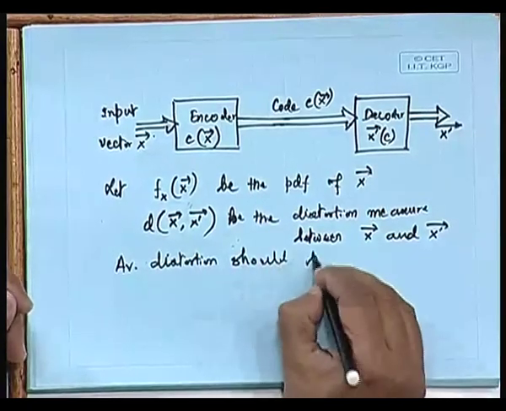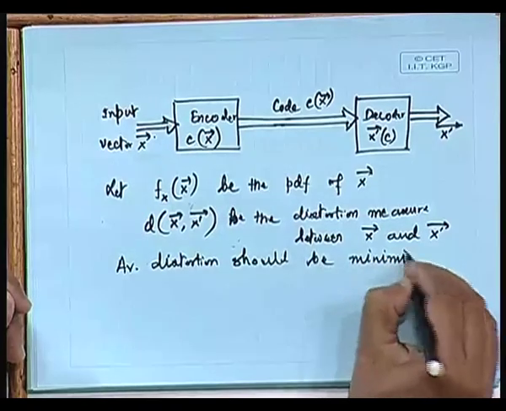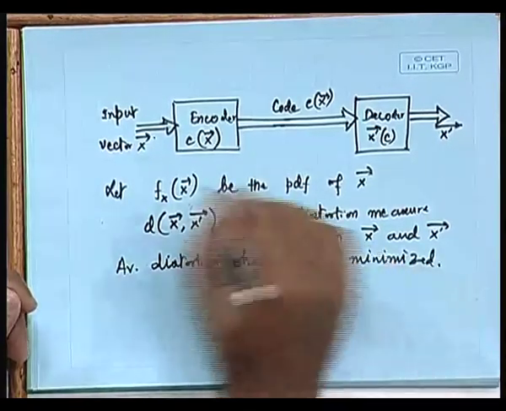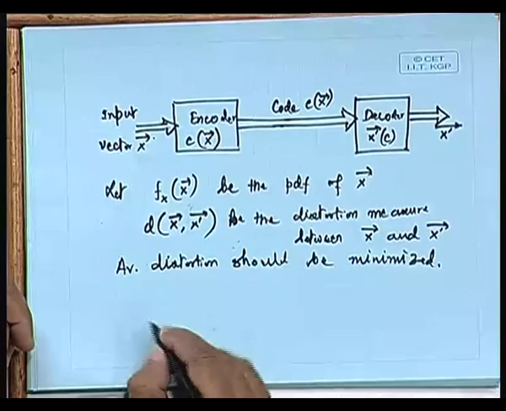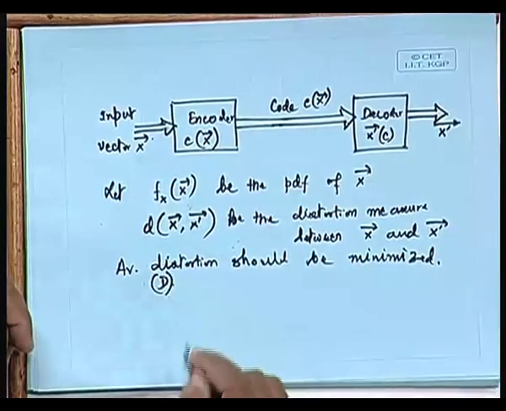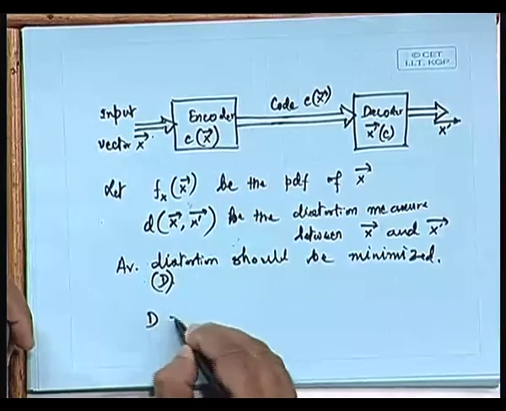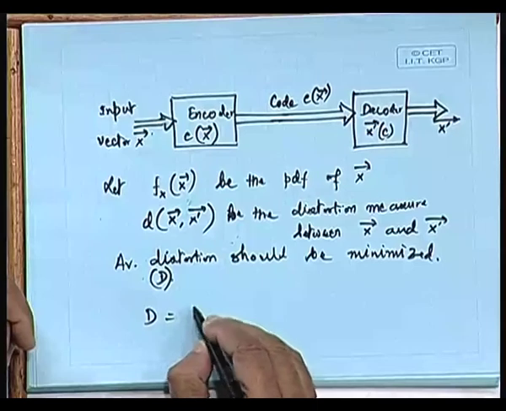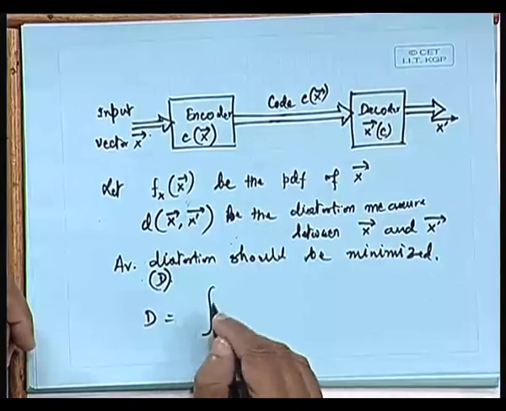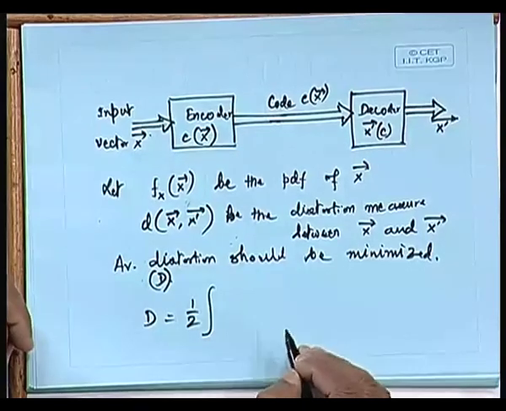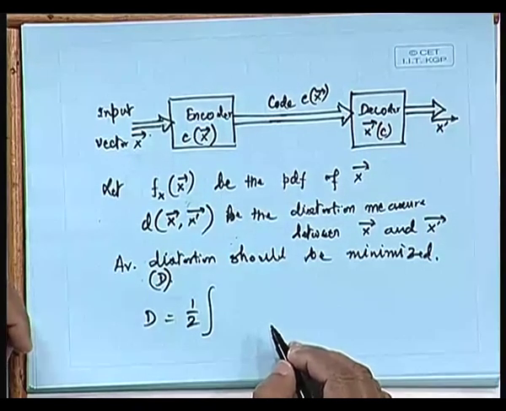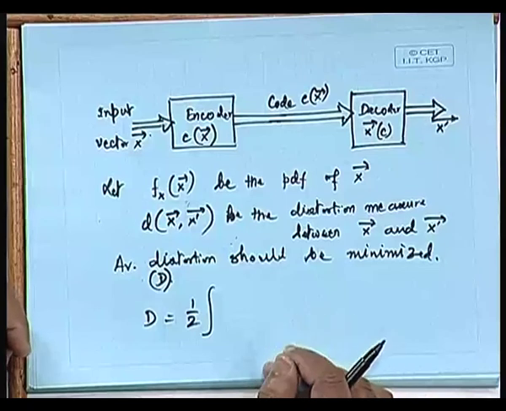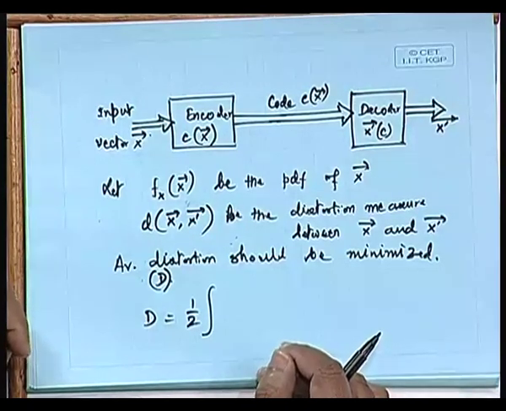So, let us first express the average distortion in terms of the quantities we have already defined. Average distortion, let us call it D, is equal to the integral of, again introducing this half. The reason is that when I talk about half, I must be doing some differentiation and there must be some squared quantity, and I want to nullify this half with the 2 that I will get from the differential.